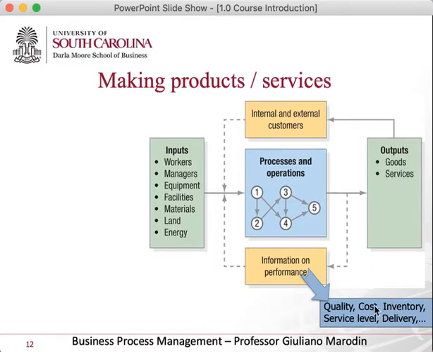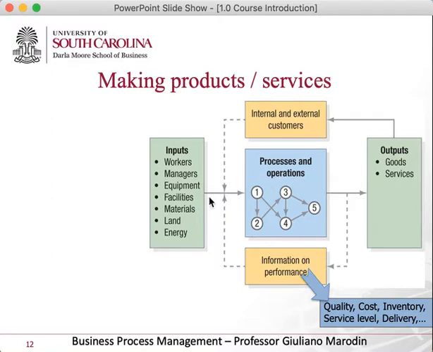So if I want to reduce my cost, I need to do something on my inputs. I need to, for example, have fewer workers maybe producing the same thing. I need to negotiate with some suppliers for buying things at a lower cost. Maybe I need to look at every cost that I have and find ways to reduce it. Right? Maybe I need a smaller facility here.